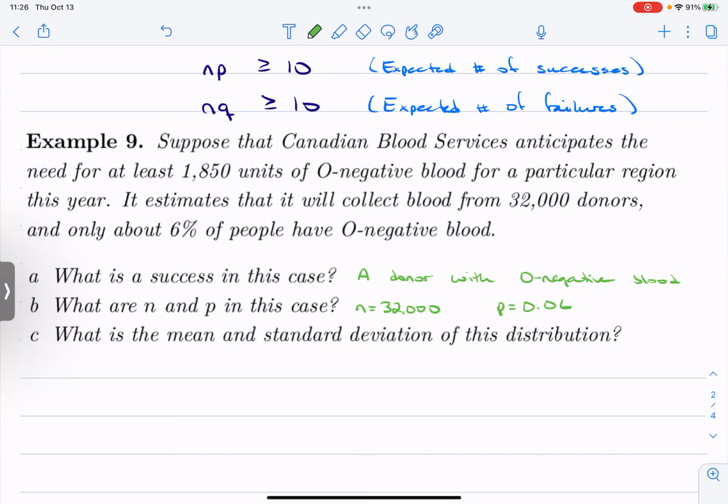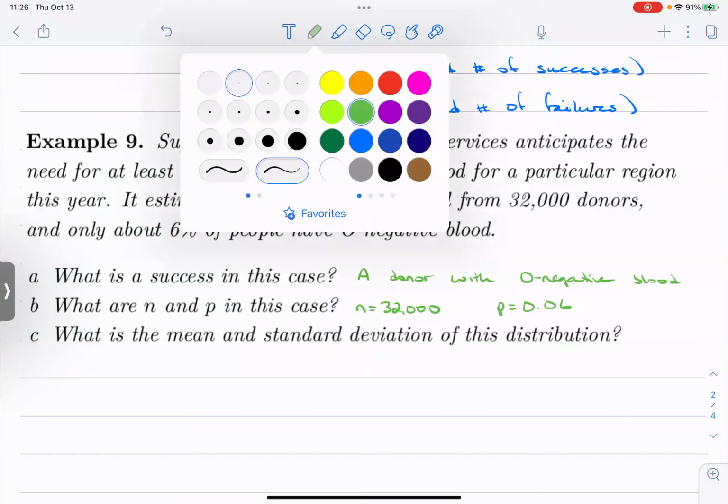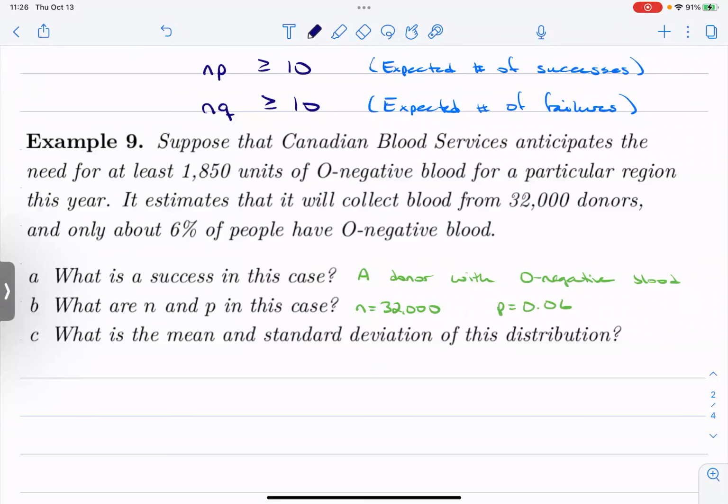What's something we're not talking about? We haven't checked the independence condition. There are only 2 possible outcomes. Just remember, I do check the assumptions later, but let's just tackle the independence one right now. I'm going to have to assume that each donor is independent of the next.